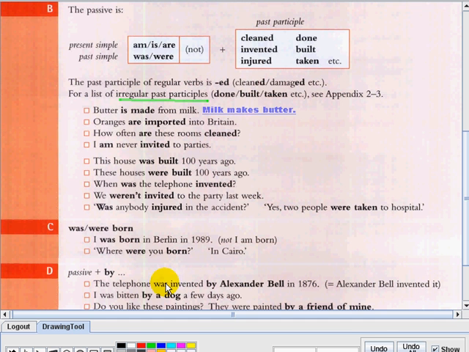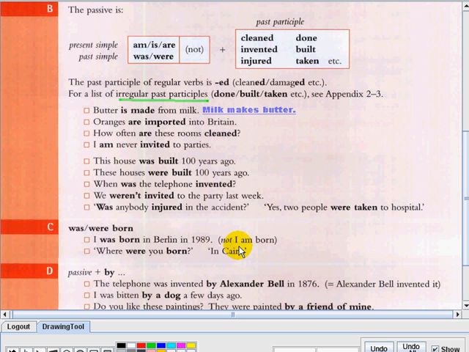Now, let's have another one. This is another pointer to remember. Use was or were plus the word born. Okay? Let's have the first sentence. Let's read it. I was born in Berlin in 1989. It will not be I were born or I am born. Okay?